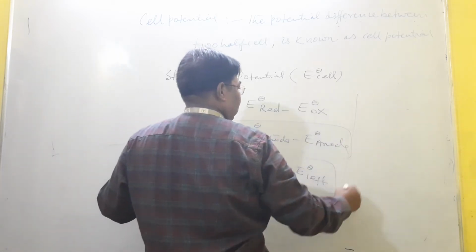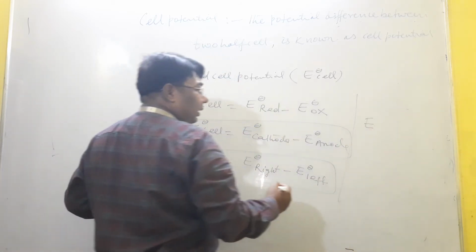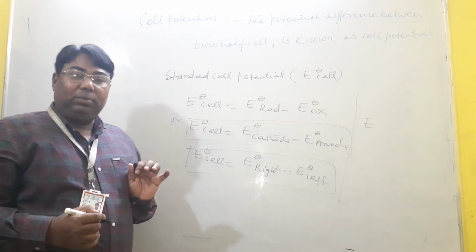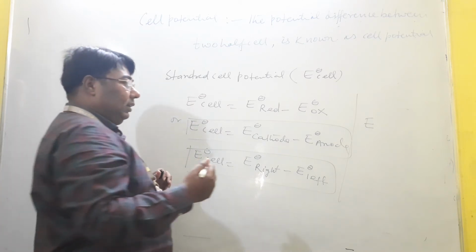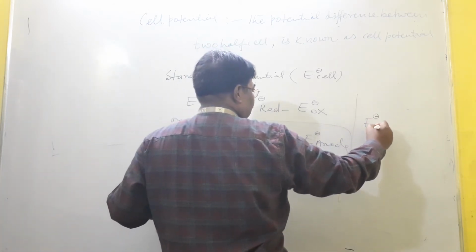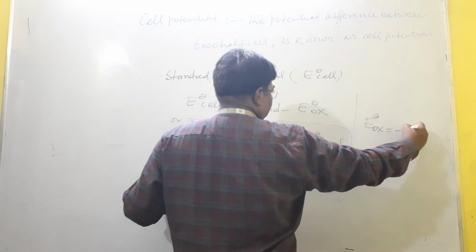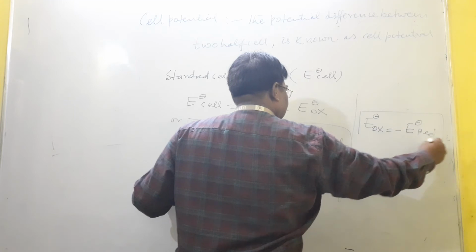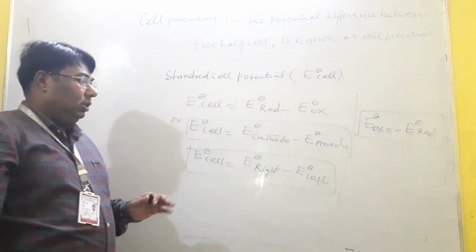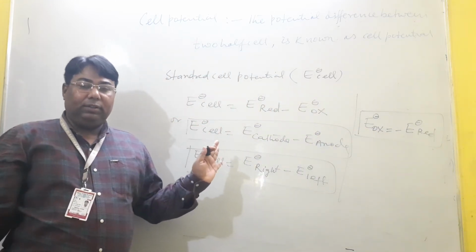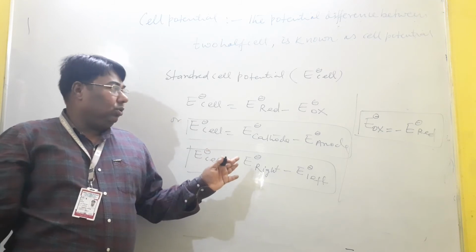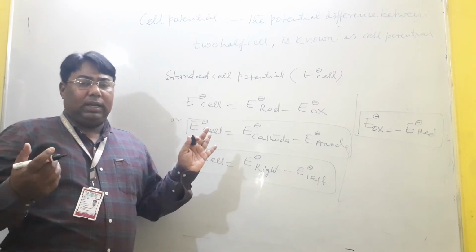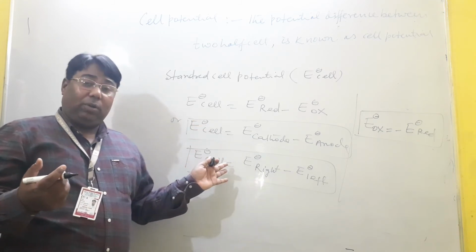Or in questions, generally standard reduction potentials are given, so you can convert to E naught ox by using this formula: E naught ox is equal to minus E naught red. So these things are very important for you. A large number of questions are based on this topic.